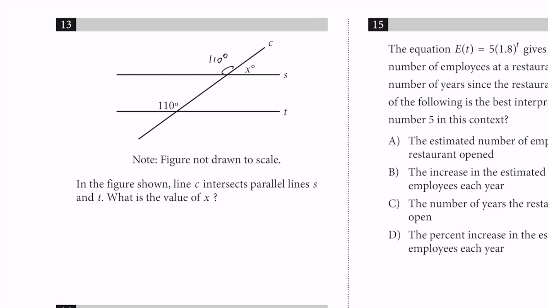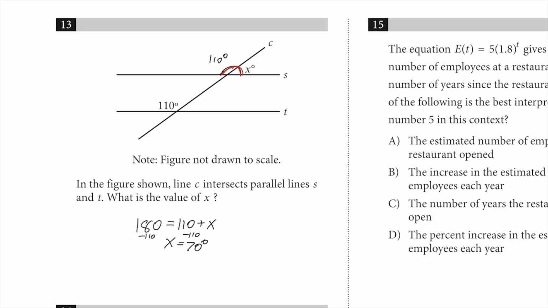So we know that this angle right here is 180 degrees. So what does that mean? We know that 180 is equal to 110 plus x. We then solve for x. We subtract 110. X is equal to 70 degrees.